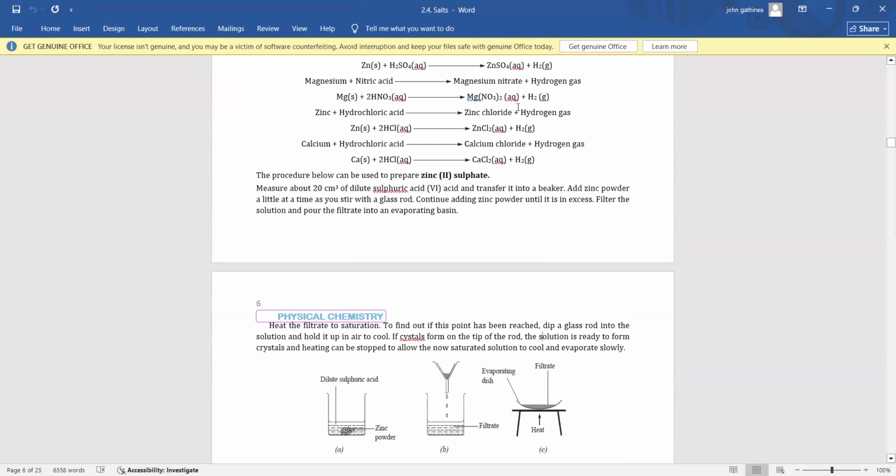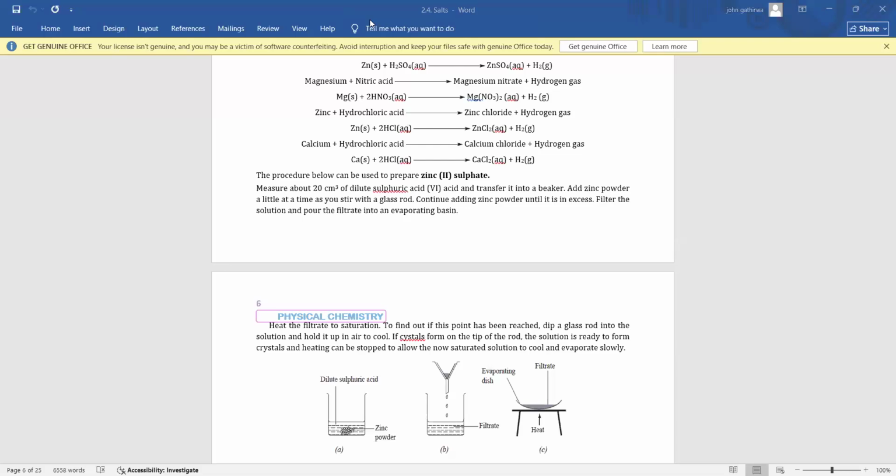Now let's have people raising up their hands. I'm hoping we have already written down the answer.